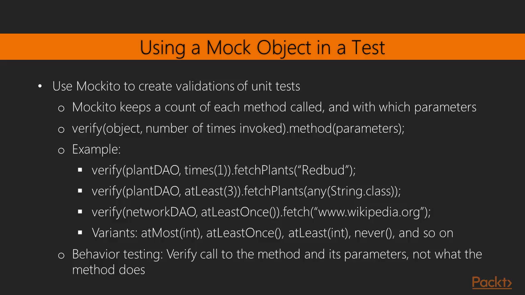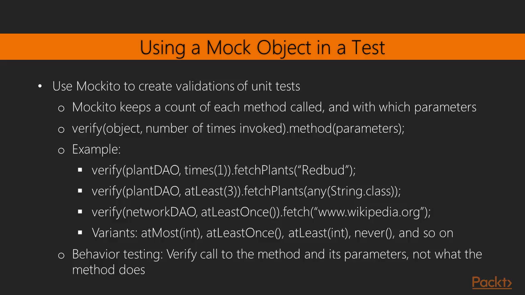Verify with our plantDAO that a minimum of 3 times fetchPlants was called with any string. So once again, the first example, you see a very specific parameter, redbud. The second example, we're saying we just want to make sure it was called at least 3 times with any string. We don't care what the string was.